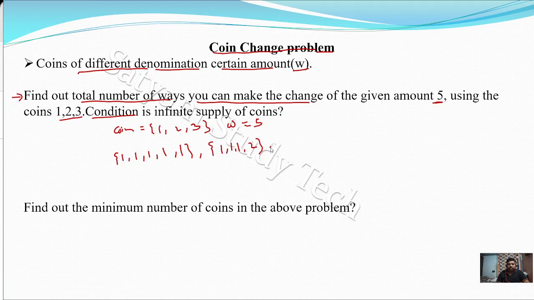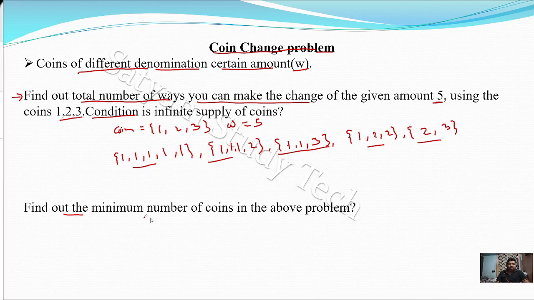Another way is one 1 rupee coin and two 2 rupee coins, which makes 5. And also you can take one 2 rupee coin and one 3 rupee coin, which makes 5. So these are the 5 ways to make the total amount 5.